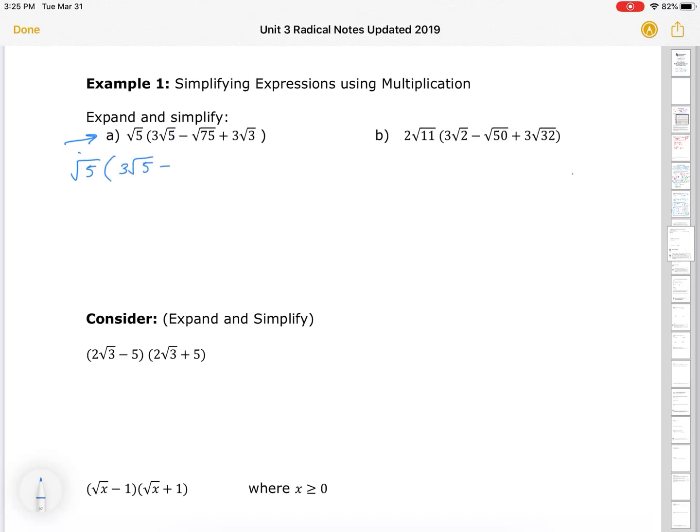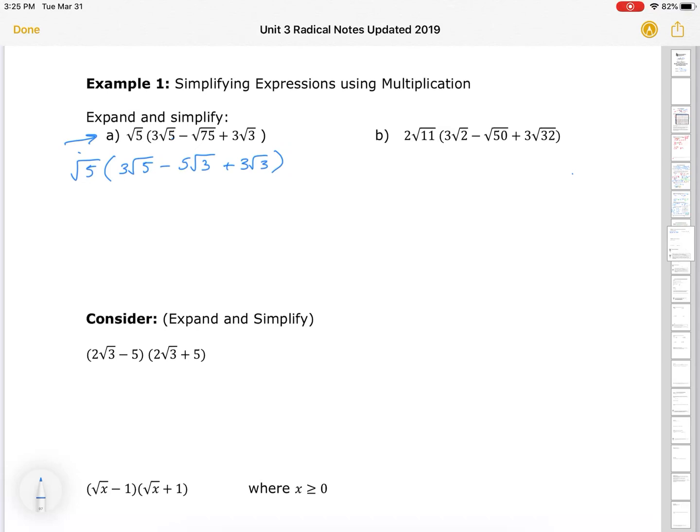So 3 root 5, leave that as is. Now root 75 is the same as root 25 times 3. So 25 is a perfect square, and square root of 25 is 5. So root 75 becomes 5 root 3. And then I have plus 3 root 3.